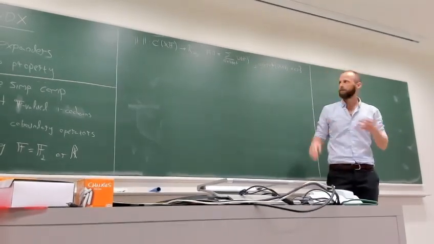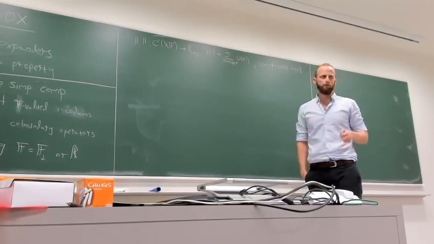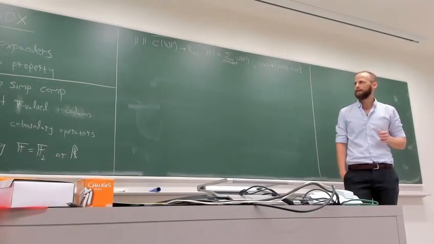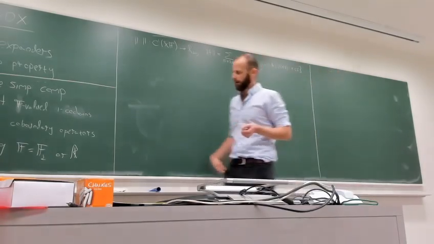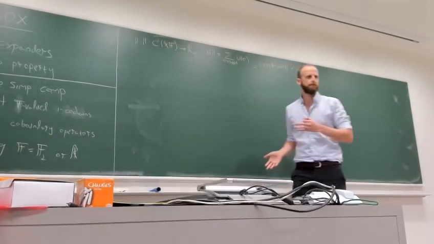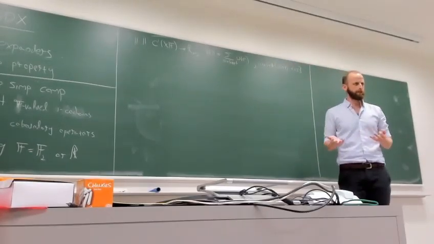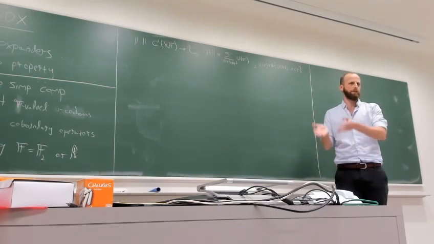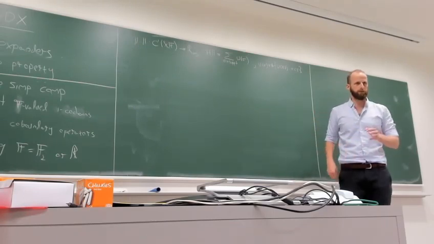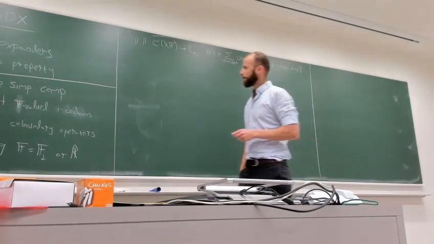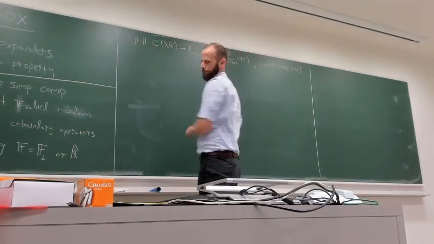So the norm is just counting the number of faces in the support of the cochain. And note that in the case of the field of two elements, cochains and subsets are interchangeable. Any cochain is basically an indicator function of a subset, and any subset gives me a cochain.